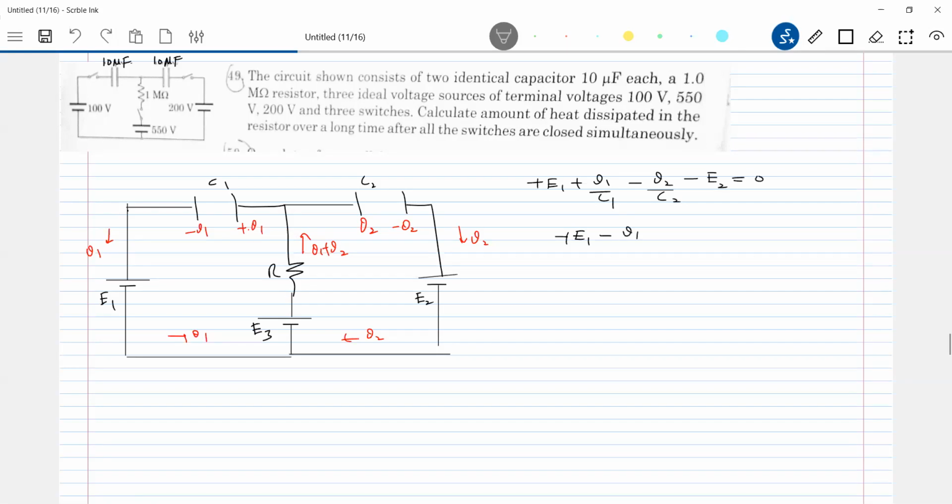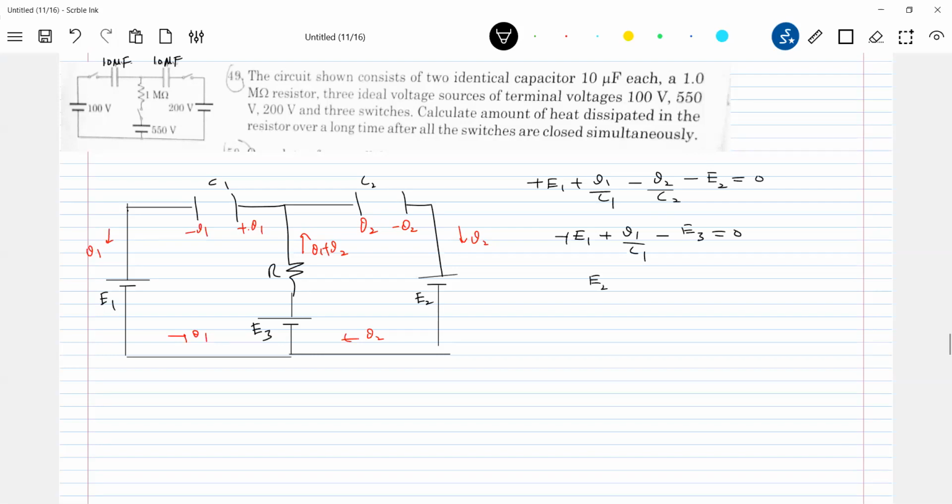Plus Q1 by C1, and at steady state, the current through the resistor will be 0, minus E3 equal to 0. Or one more equation I'll write: E2 plus Q2 by C2 minus E3 equal to 0.